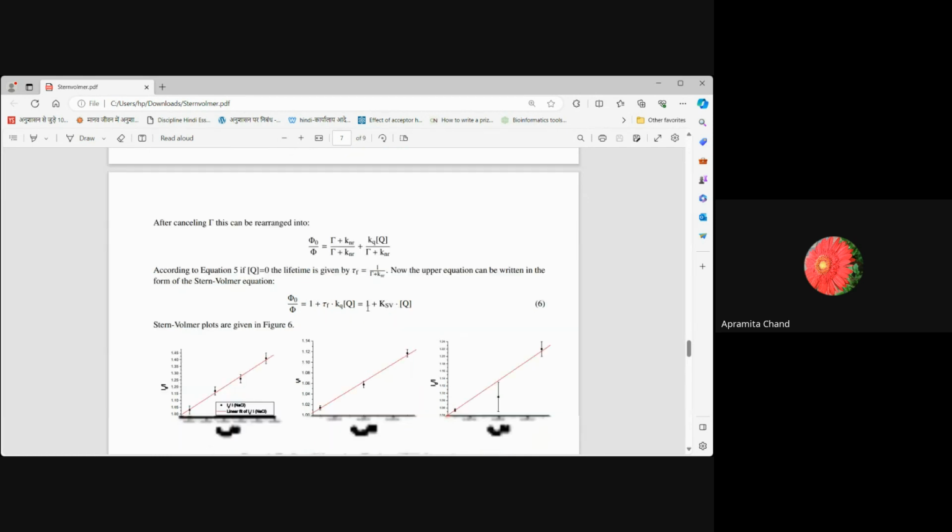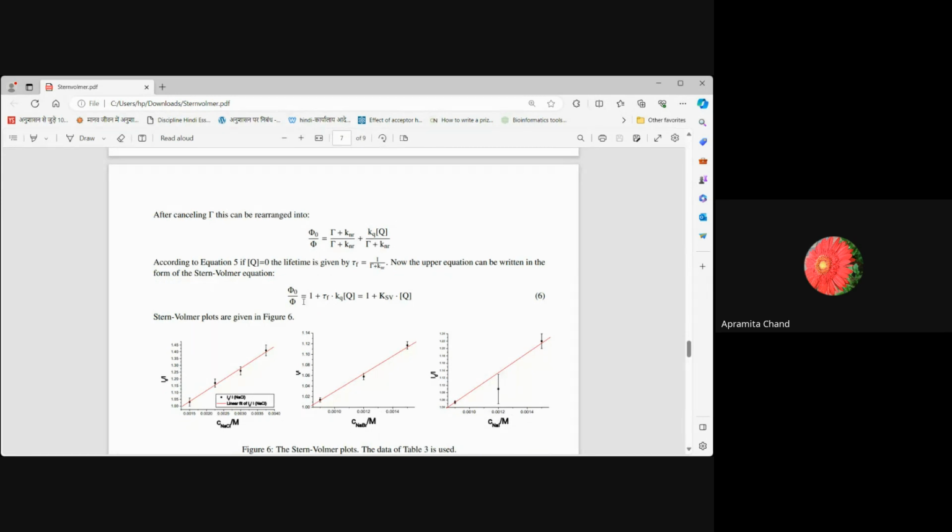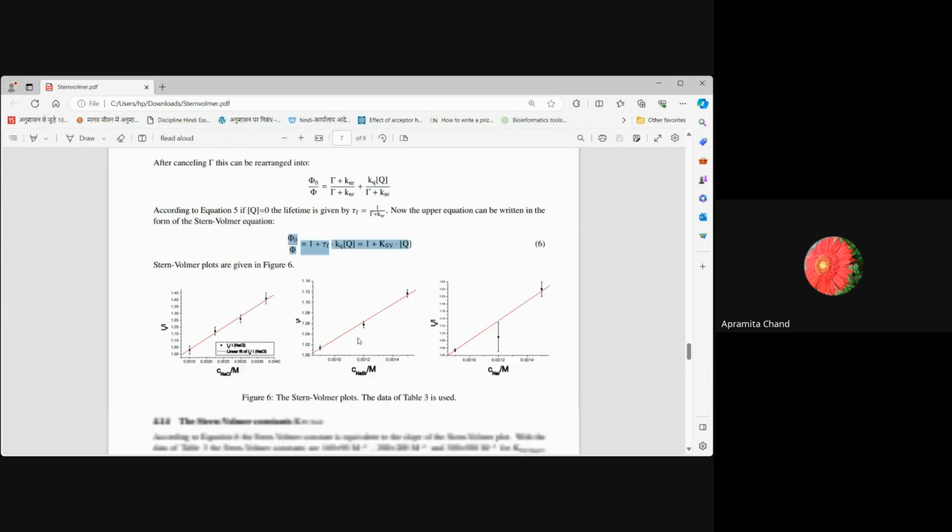Here we can write phi_0 by phi equal to 1 plus tau_f times k_q times Q, and tau_f times k_q we can write as K_SV. So phi_0 by phi equals 1 plus K_SV times the quencher concentration. This will be your Stern-Volmer equation.